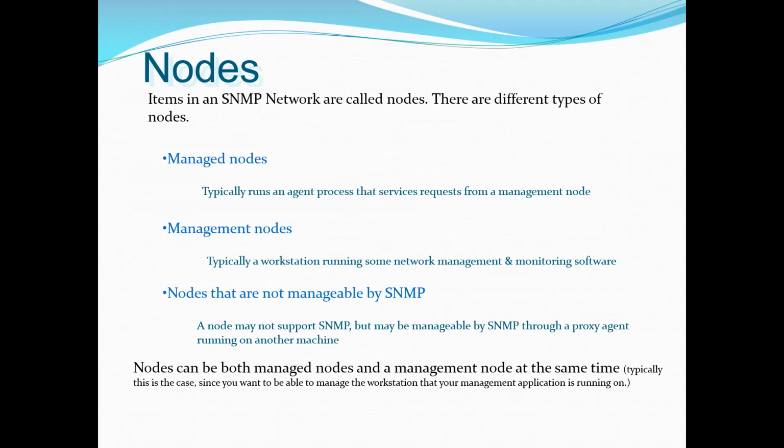There are different types of nodes: managed nodes or management nodes, right? Managed nodes typically run an agent process that services requests from a management node. A management node will go to these machines and ask for specific information.